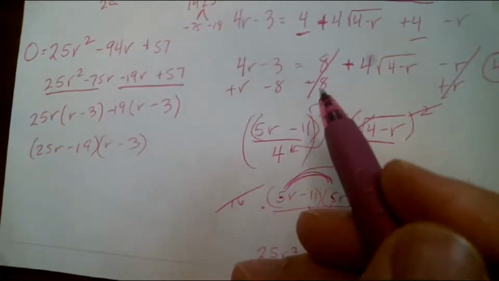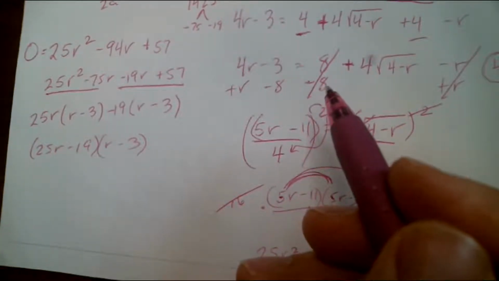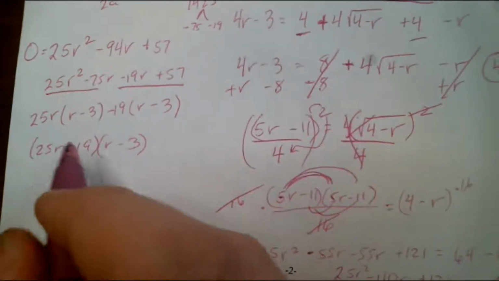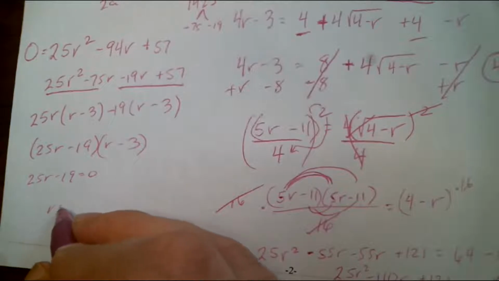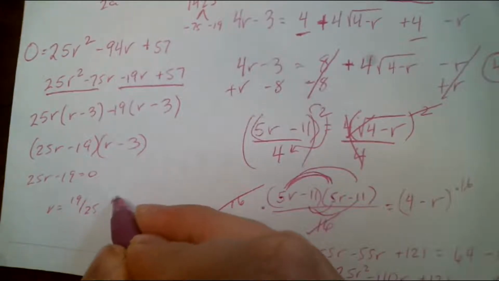And then from there, we need to just say 25r minus 19 equals 0. That's going to be r equals 19 over 25 and r equals 3.